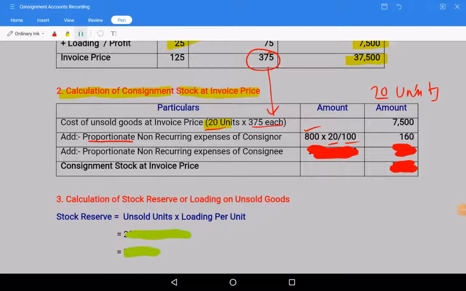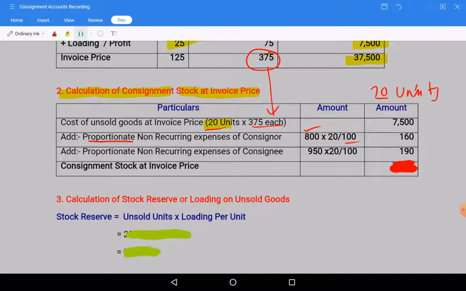800 into 20 divided by 100, 160 we have got. Next we need to see non-recurring expenses of consignee. Consignee paid 950 rupees. So 950 into 20 by 100, it will be 190.